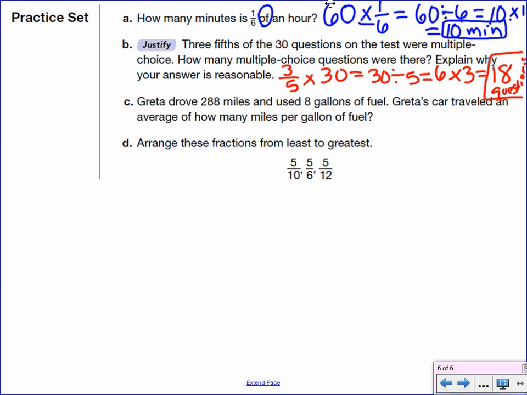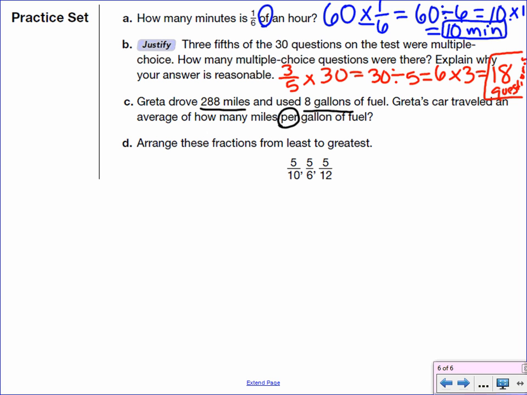Greta drove 288 miles and used 8 gallons of fuel. Greta's car traveled an average of how many miles per gallon of fuel? So for this one, we want to make a fraction out of the 288 miles and the 8 gallons of fuel. So when you see per in math, that's where the fraction line goes.